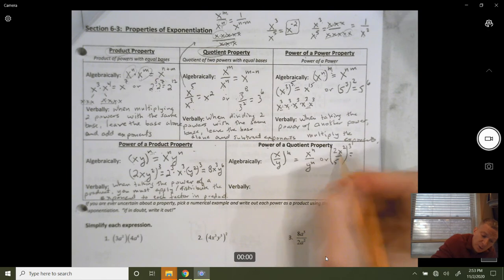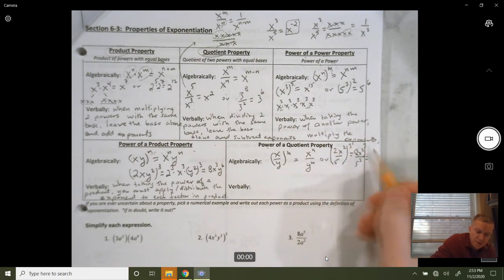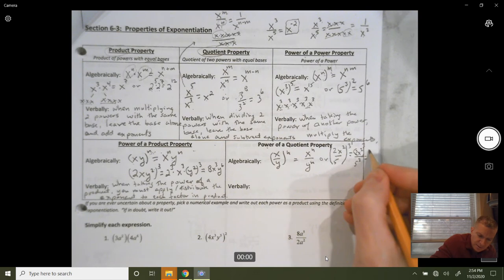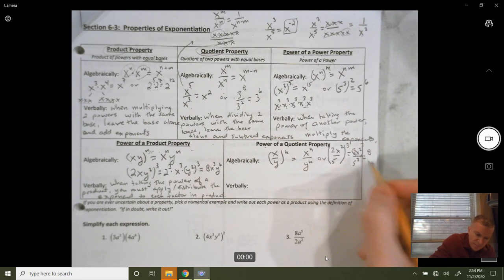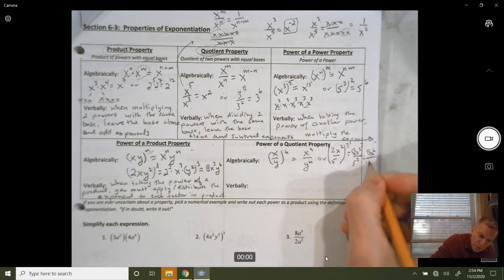So you've got the top, 2x squared to the third, over 5 to the third. So this would be 2 to the third is 8. x squared to the third would be x to the sixth. 5 to the third would be 125.